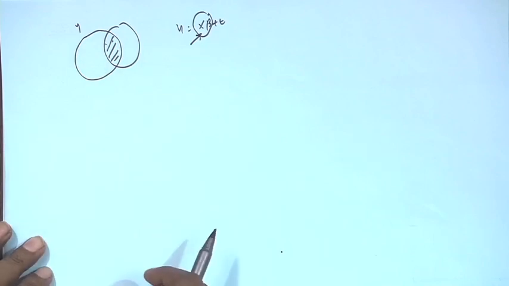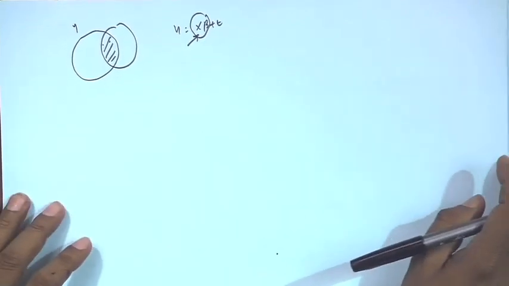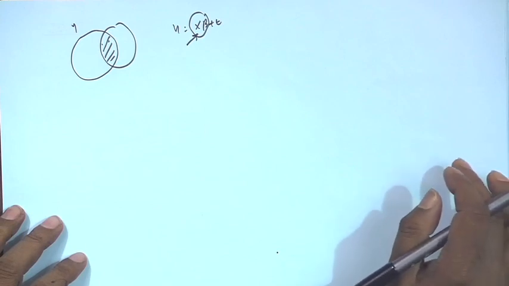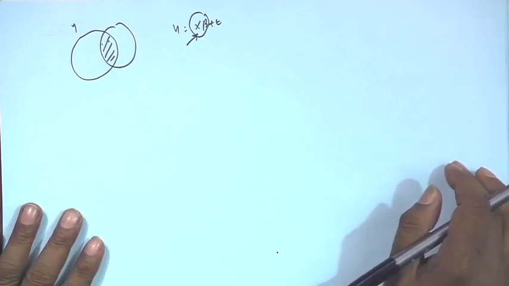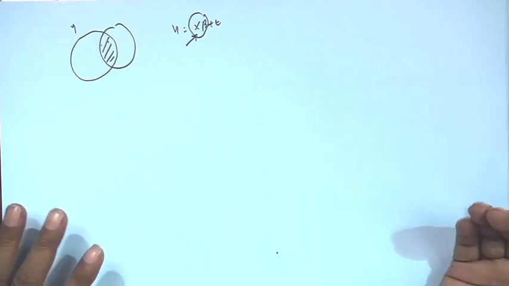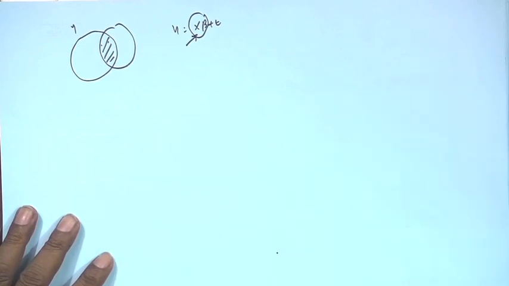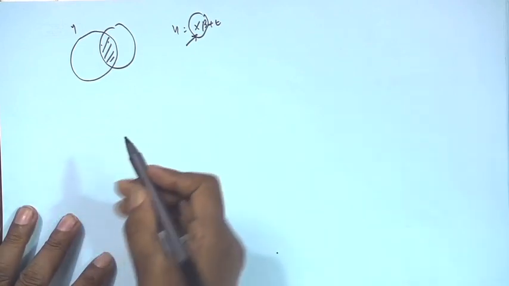So this portion is some kind of absolute measure: the variability of y explained by the regression model, divided by the total variability, will give you a measure which is known as R square.